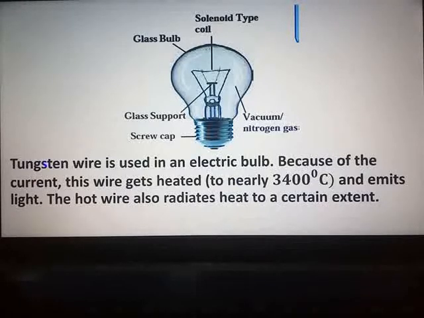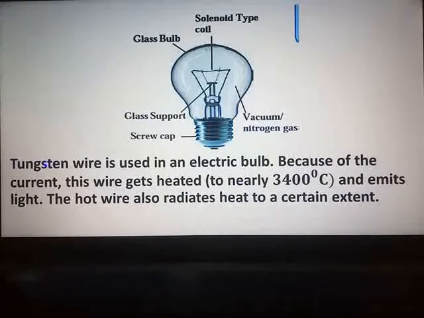All these are applications of the heating effect of electric current, and here electrical conductors having higher resistivity are used. So these are the good sides, or advantages, of the heating effect of electric current. Now let us see its other side.